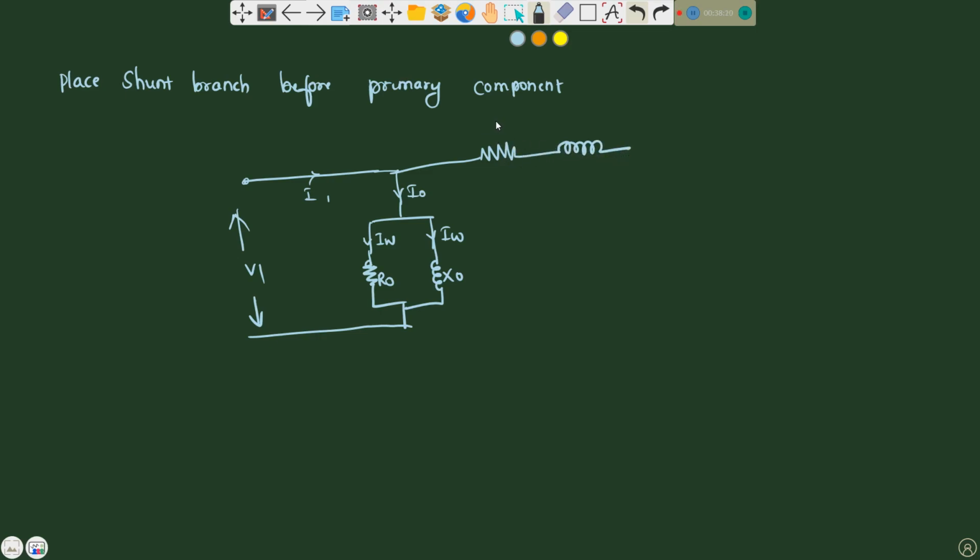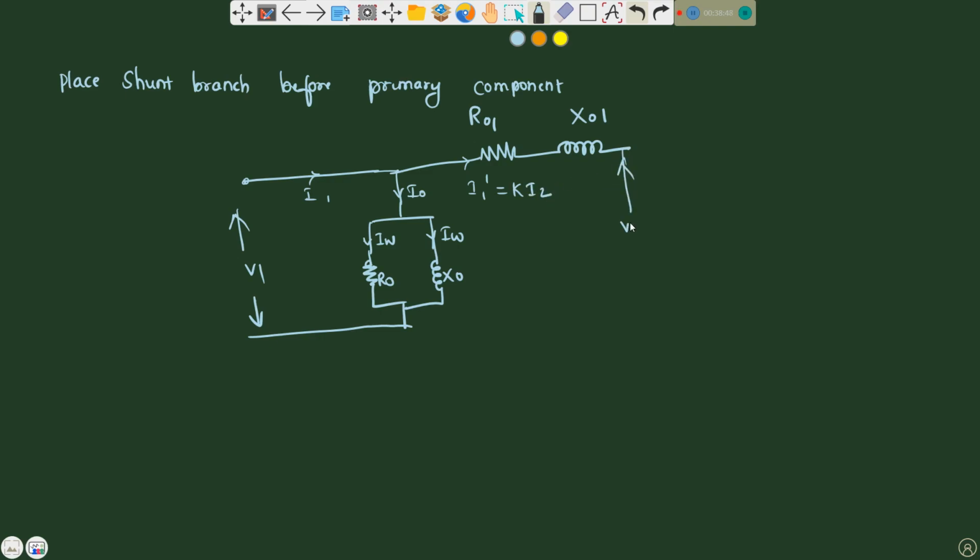The total equivalent circuit, placing the shunt branch before the primary component, means merging all primary winding resistance and inductive reactance and secondary winding resistance and secondary inductive reactance, we will get R01 here, X01. So the current will be I1 dash equals K times I2.